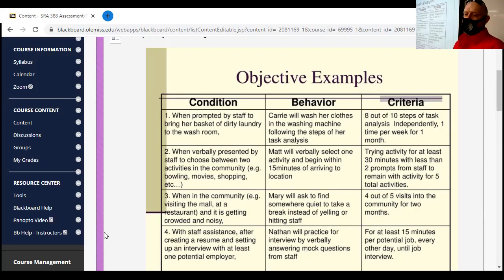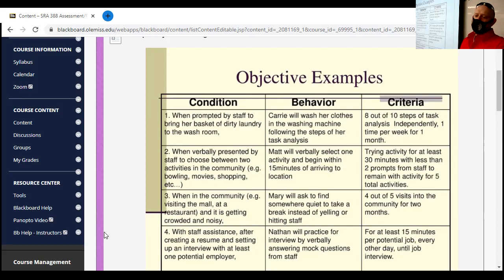And the criteria, she has to do this 4 out of 5 visits in the community for 2 months, because you can expect that for her it's going to get crowded and it's going to get loud, because this is something that happens relatively frequently with Mary. She gets stressed out in crowds and public places, clearly.